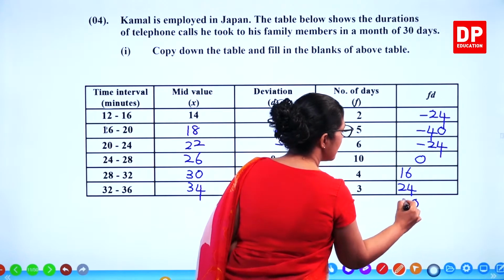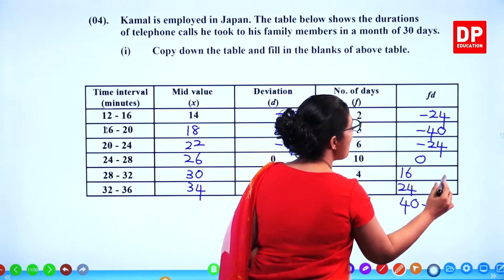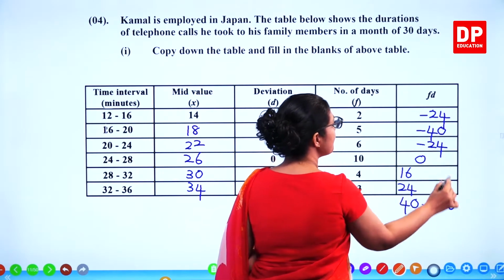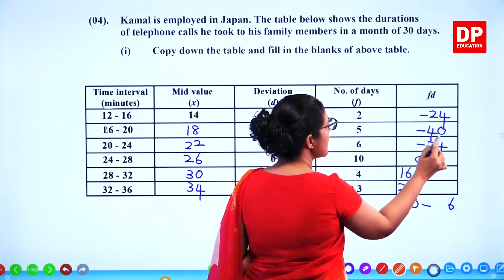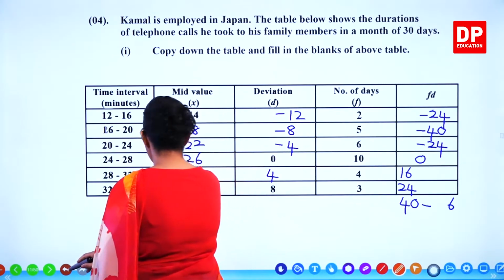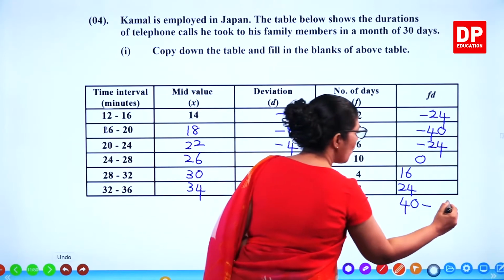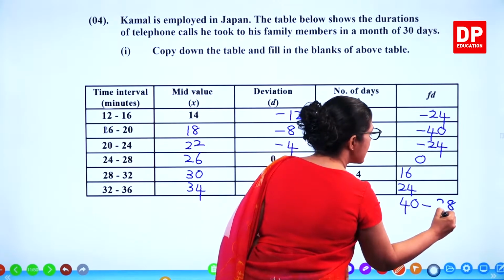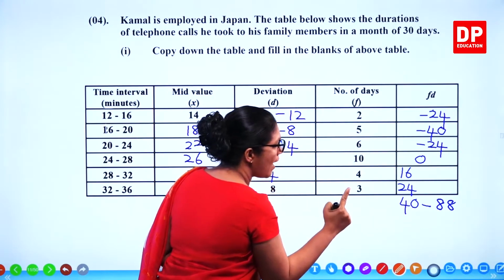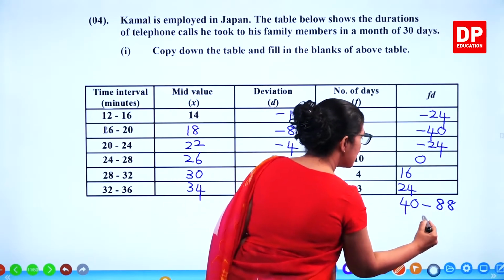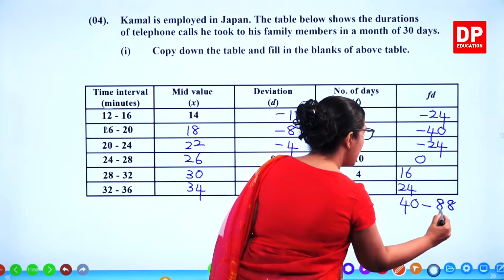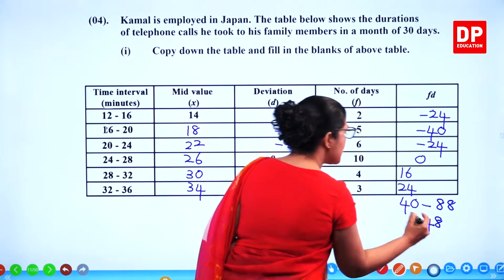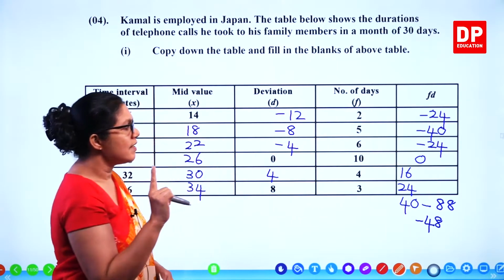You get 40 here, minus 4 and 4, 6, 4 and 4, 8, 4 plus 2, 6 plus 2, 8. So when you subtract, what's the difference? 8 and 4. That's negative 48 is the total.